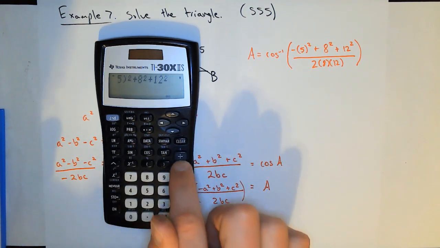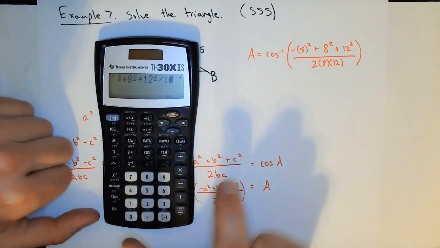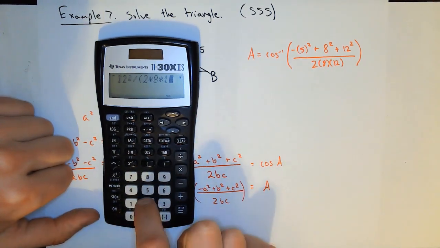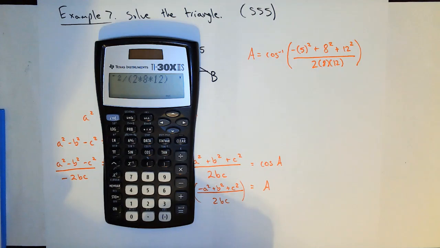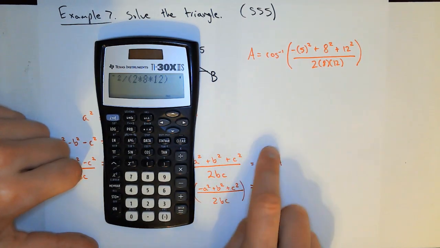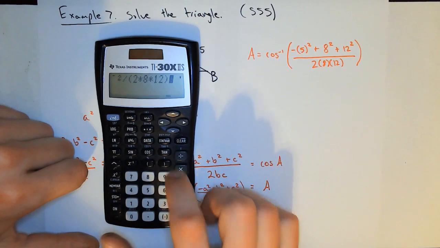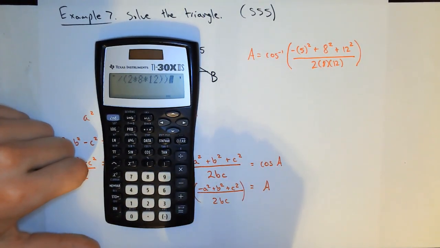Now when I divide here, I'm going to need to wrap the denominator in parentheses so that it knows I want to multiply all these together in the denominator. You don't have to worry about that if you've got one of those calculators with the little rectangle over rectangle fraction button that lets you input the fraction pieces. And now I need to close the parentheses for my cosine inverse.